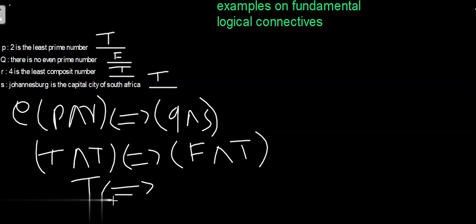It is false because the only time that can be true is if we got true and true, but otherwise all of them are false when you count to this side. Okay, so for that reason this one is actually false.